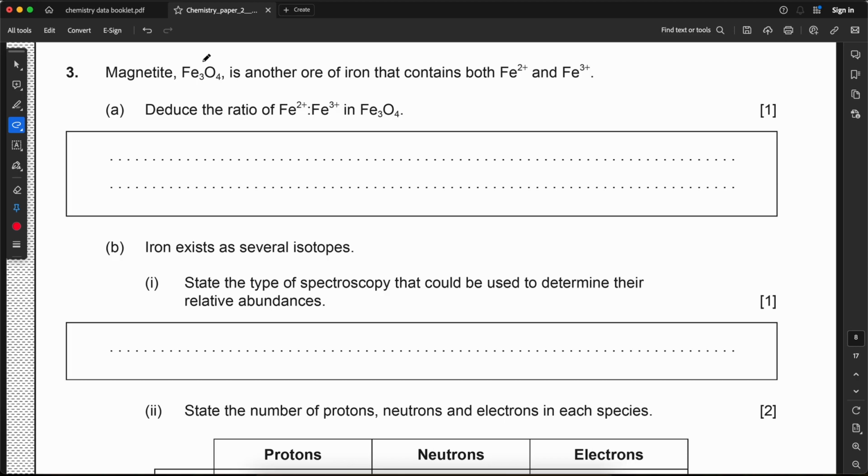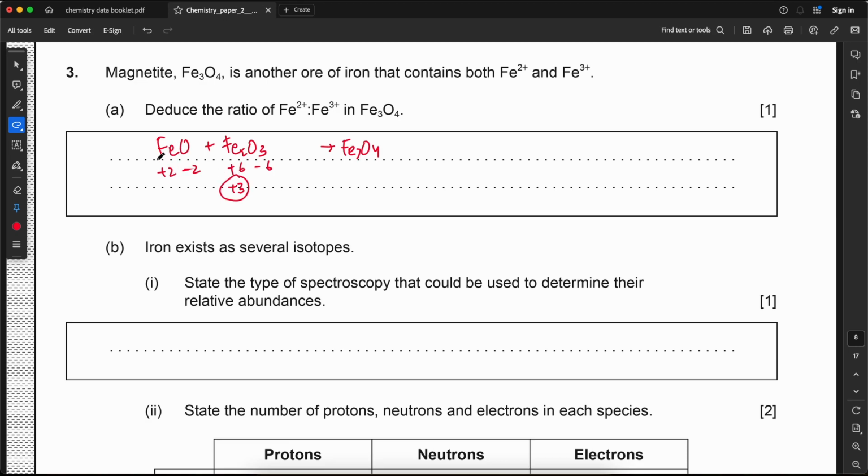Magnetite, Fe3O4, is another ore of iron that contains both Fe2 plus and Fe3 plus. Deduce the ratio of Fe2 plus to Fe3 plus in Fe3O4. For forming Fe3O4, FeO must react with Fe2O3. So the oxidation number in FeO is plus 2, and in this one plus 6, so plus 3 each.